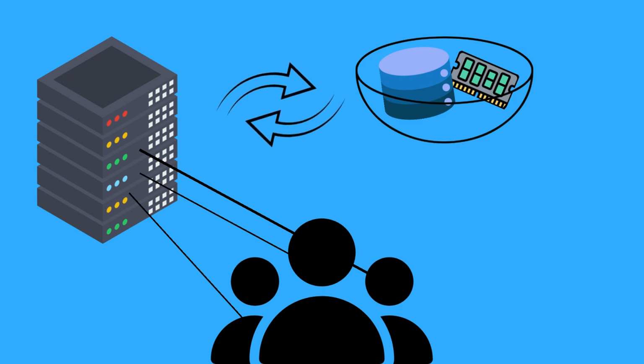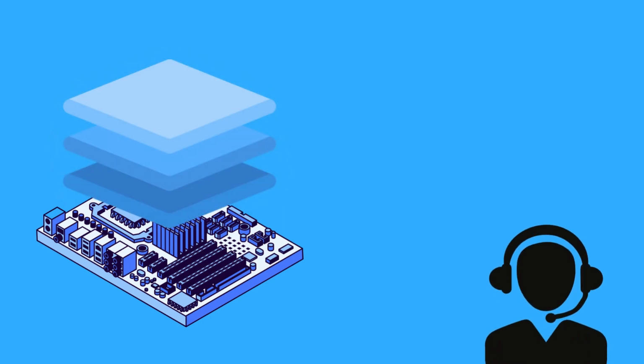Now that we understand the basics, let's look at some real-world applications of IPC. Number 1, web servers. In a web server, IPC enables multiple worker processes to handle incoming requests and share access to resources like databases or caches. Number 2, operating system kernels. Operating system kernels rely on IPC to manage processes, handle interrupts, and communicate with hardware.